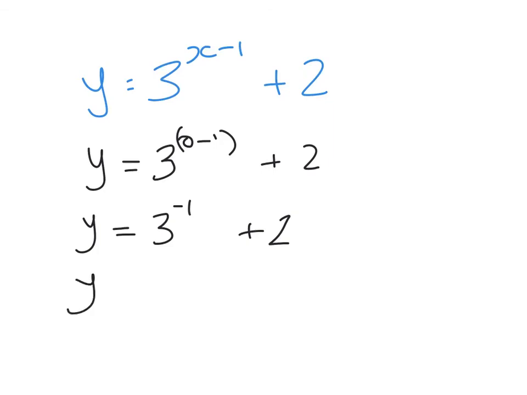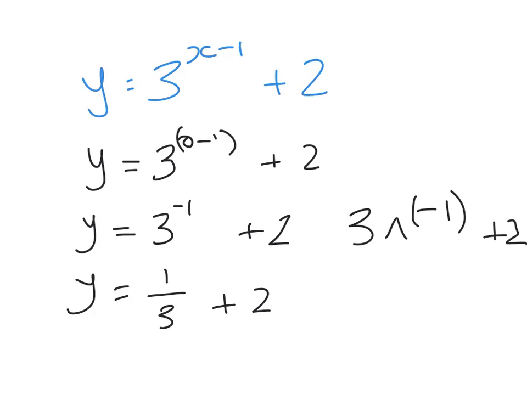Because I teach year 12, I know that 3 to the power of negative 1 is the same as 1 over 3 to the power of 1, but your calculator will do that for you. So if you type into your calculator 3 to the power of negative 1, and I'll probably put that in brackets just to be safe, plus 2, and then press EXE, you're going to get the same answer, which is 2 and a third.